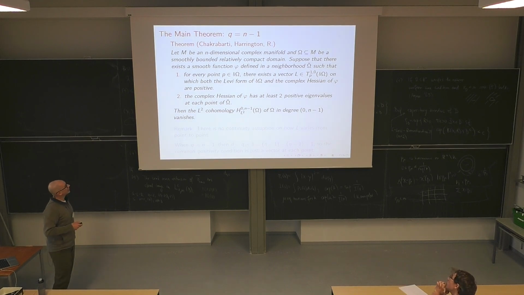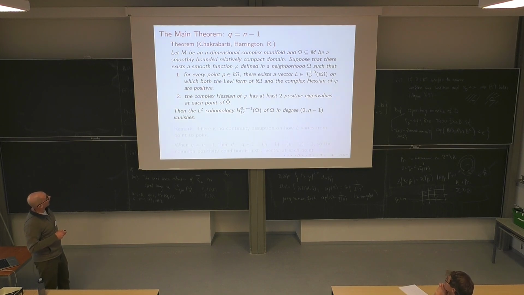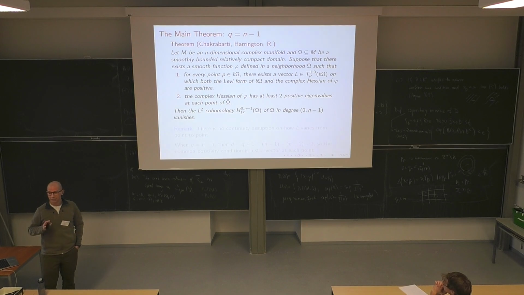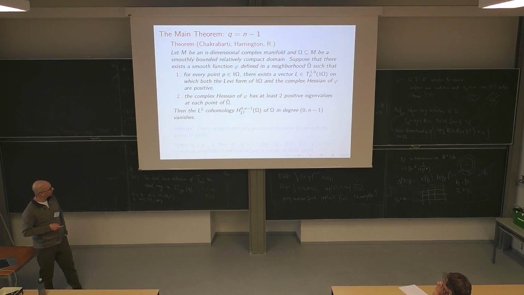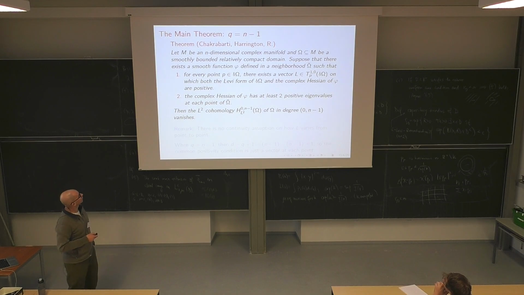So in this case, the analogous statement is at each point P, there is a vector L, and no longer L does not have to depend continuously on P. Just at each point P, there is a vector such that both the Levy form and the complex Hessian are positive. Well, phi is smooth enough and omega is bounded.